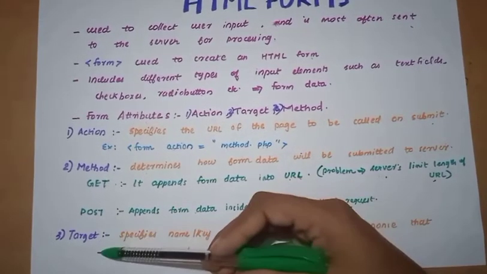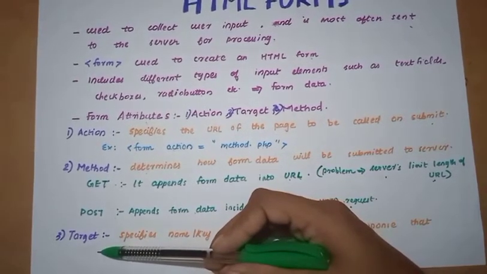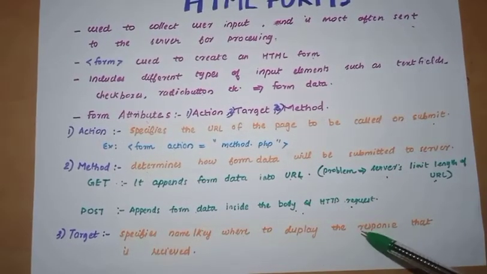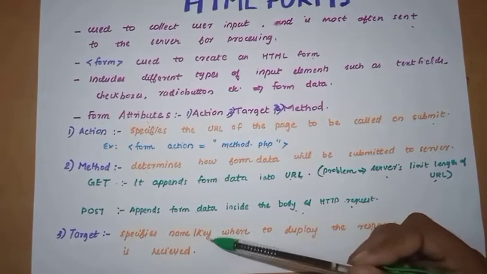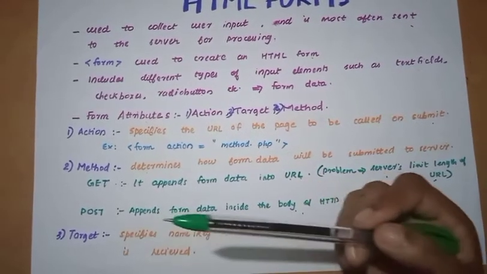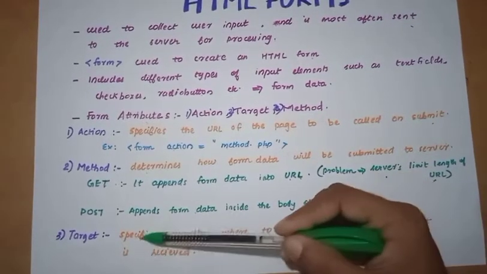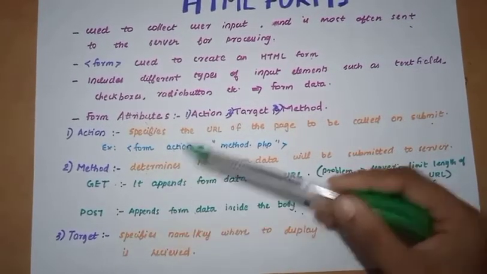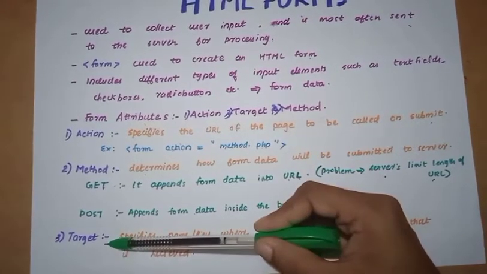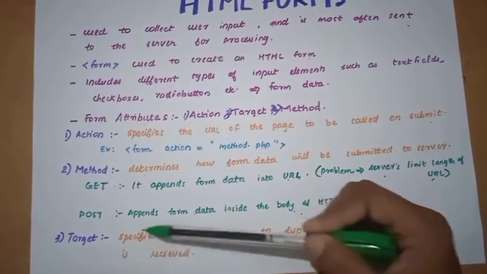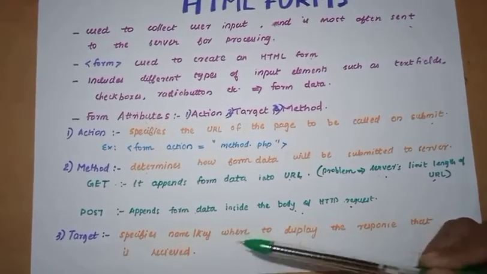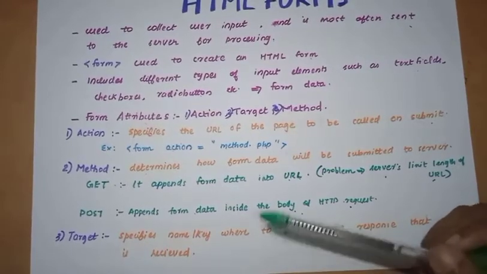So for that we use the target attribute, which specifies where to display the response that is received. When we give some value, say an HTML form or page here, the form elements or data will be displayed as such in the targeted file or page, wherever we have to show or monitor that.